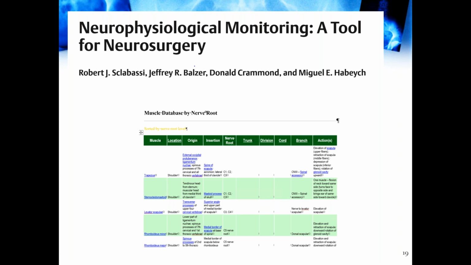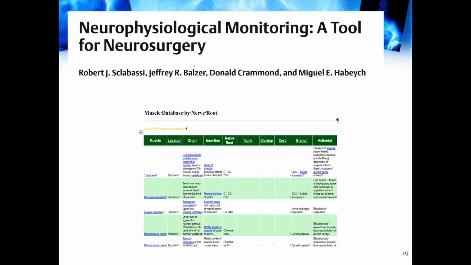Now for CNIM only, there is an article called Neurophysiological Monitoring, a tool for neurosurgery. It's a wonderful, big scheme of things article. And I recommend that you read it. Now they use some terminology in there that you might see on the test called EMG soft sounds.